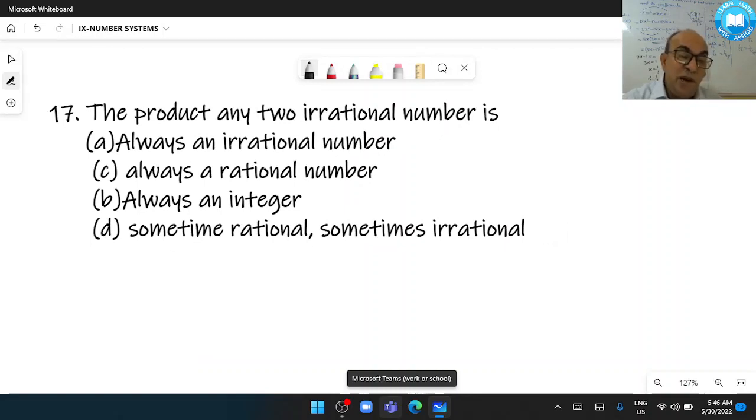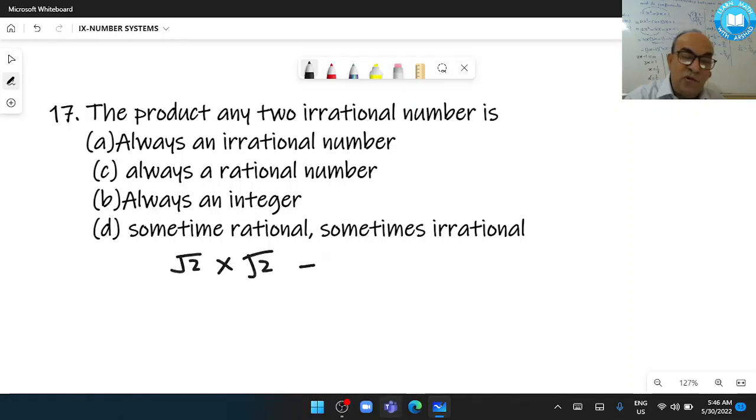Both numbers are irrational, so their product will be sometimes rational, sometimes irrational. Suppose square root 2 into square root 2 is equal to square root 4, which is equal to 2, so it is rational. Similarly, square root 3 into square root, sometimes rational and sometimes irrational.